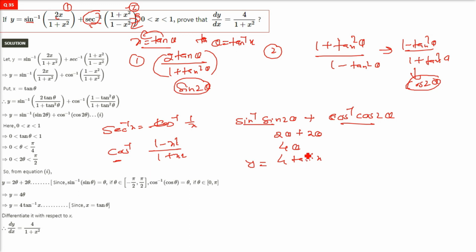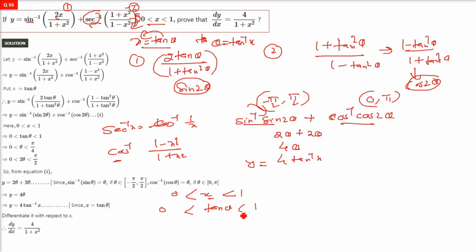Before you cancel the sine and sine inverse, 2 theta has to be between minus pi by 2 and pi by 2. And for cos and cos inverse to cancel out, 2 theta has to be between 0 and pi. X is between 0 and 1. X is tan theta, so tan theta is between 0 and 1.